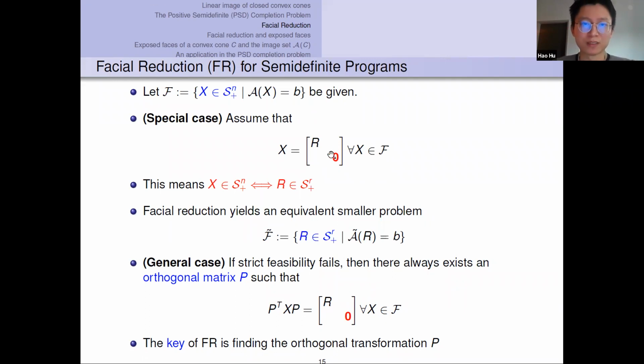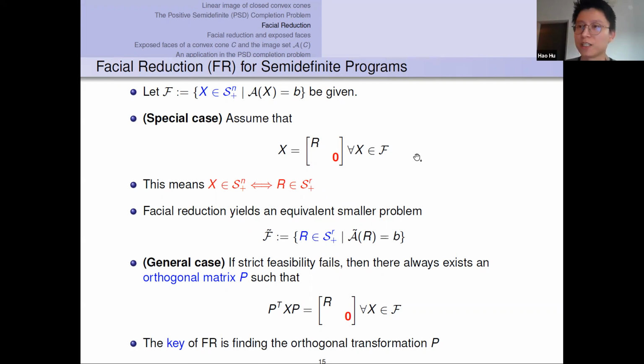Then the problem becomes simpler because we know that X is positive semi-definite if and only if this non-zero diagonal block R is positive semi-definite. And that means we can replace this PSD constraint by this smaller PSD constraint and just remove all those extra variables. And this gives us a smaller problem, which is what feature reduction does in this special case.